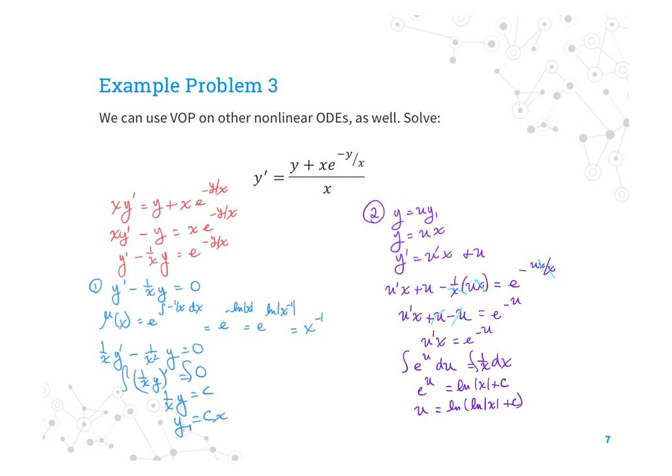Which means then, in the end, since y is equal to ux, y is going to be x times the natural log of the natural log of the absolute value of x plus c.